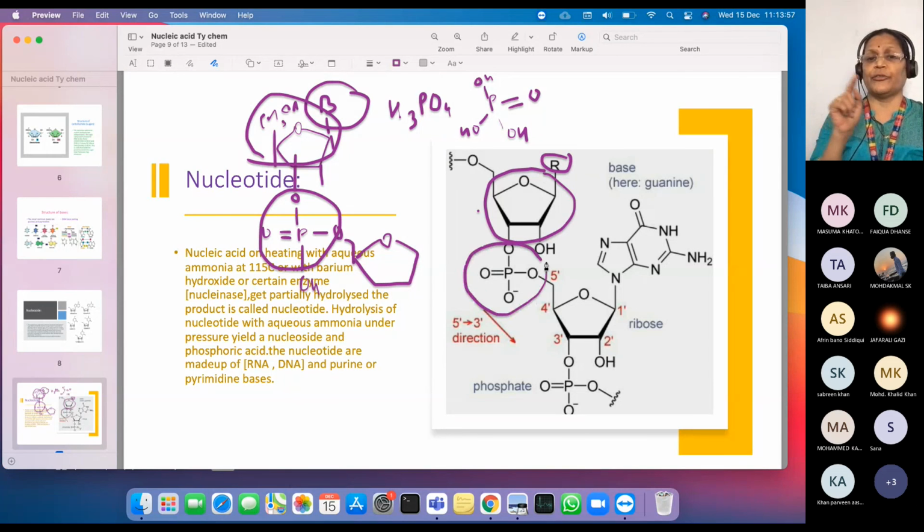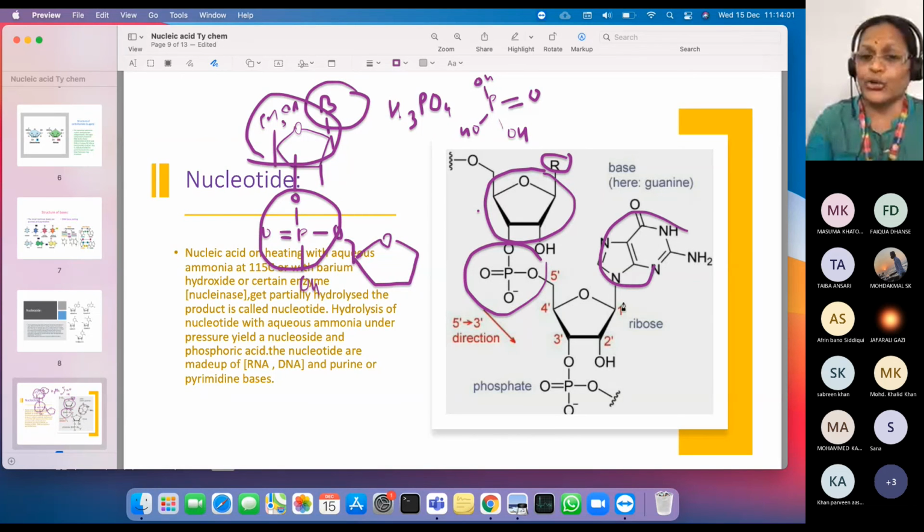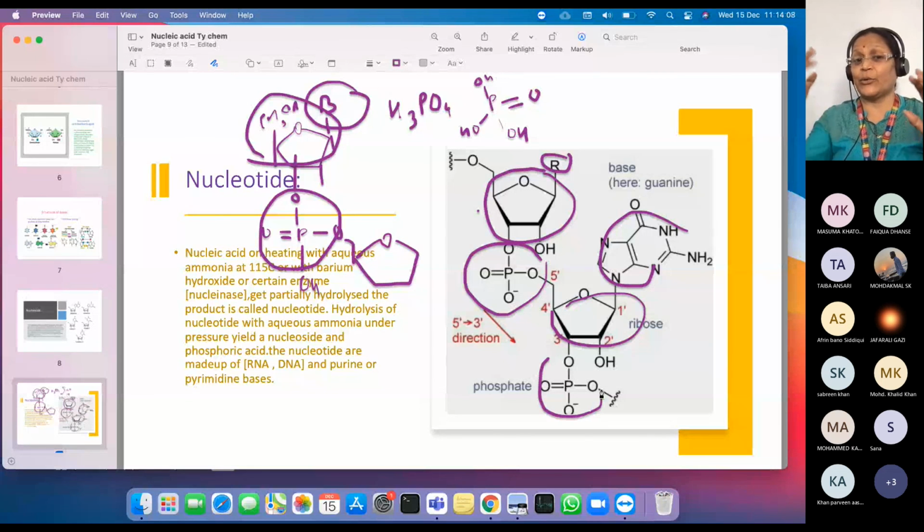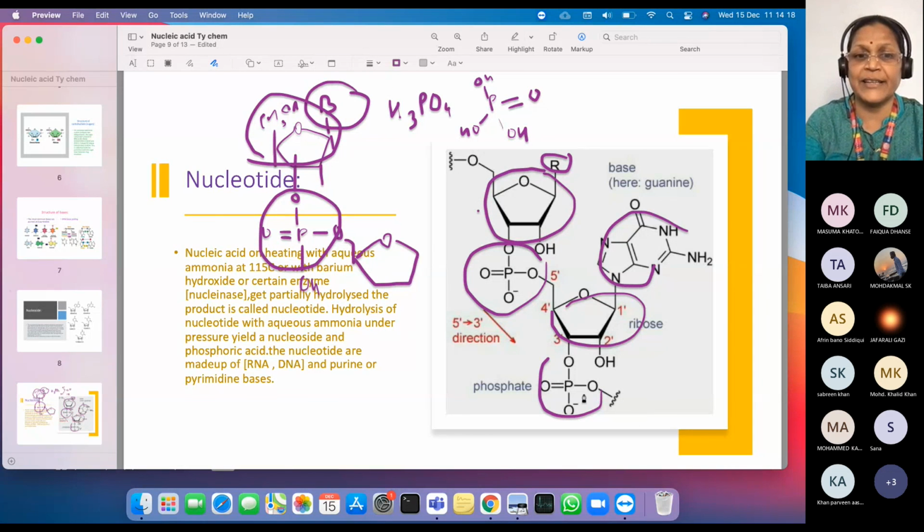Base, sugar, phosphoric acid. Correct? Now this is the second molecule, so this is the dimer. Like that you will have n times, and that is the polynucleotide and that is your nucleic acid. Right now it is a dinucleotide. Clear? Hello, all of you understanding?